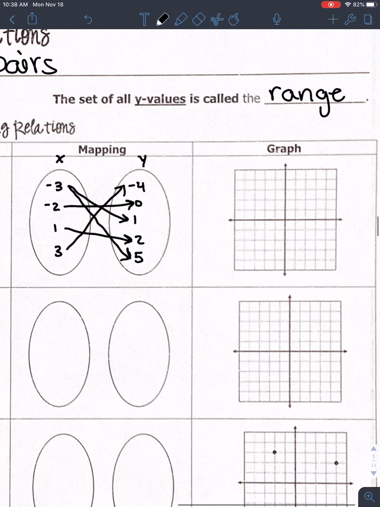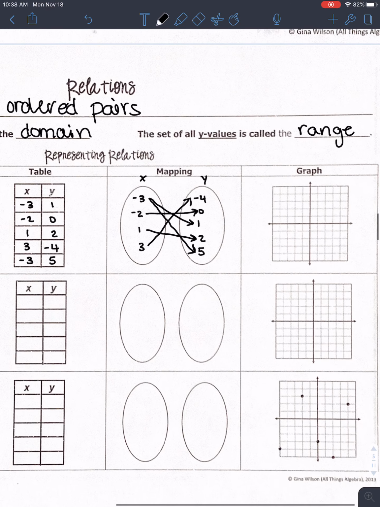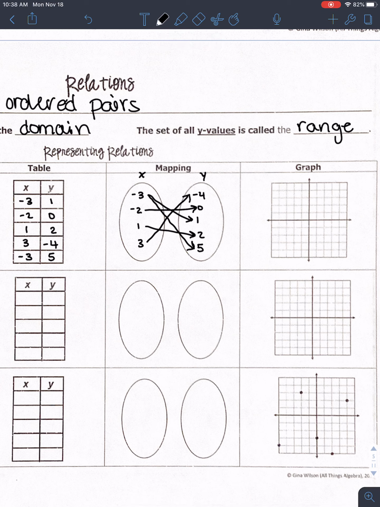If I wanted to graph these points on here, we are just going to look at -3. So I go to the left 3 on my x-axis, and then I go up 1. So that's 1 point. Then I have -2, 0. So go to the left 2 and up 0.